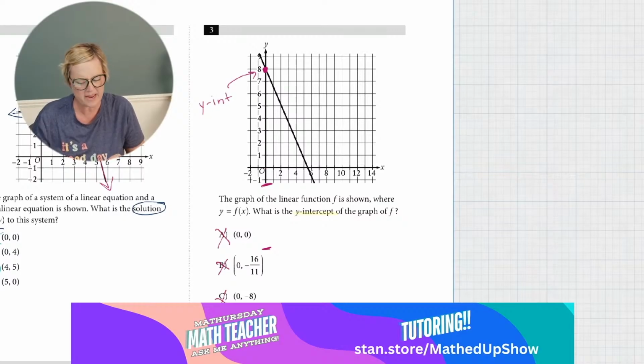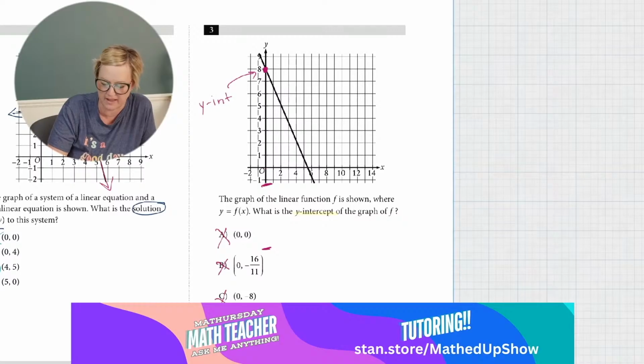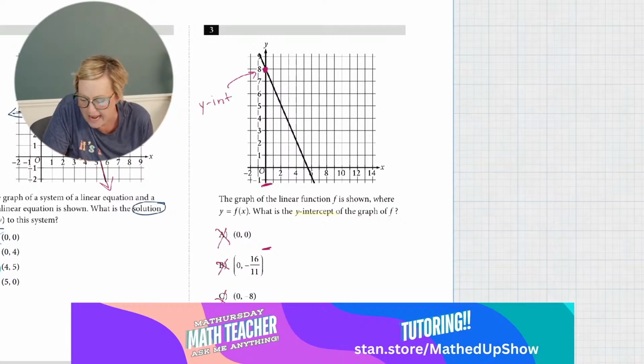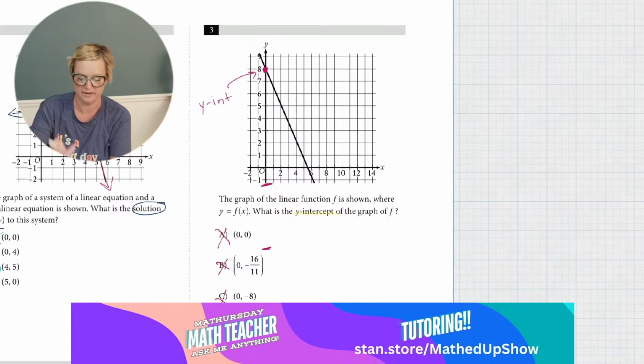But it's weird because this problem doesn't give you any tripping up questions. I would expect one of the answer selections to be like 5, 0, or 5.5, 0, because if you're not sure if it's the y-intercept or the x-intercept, that would be one that would trip you up. So these beginning questions are pretty straightforward, pretty direct.